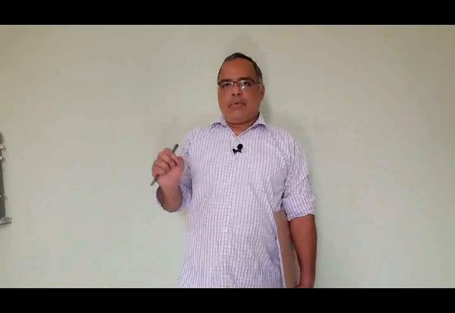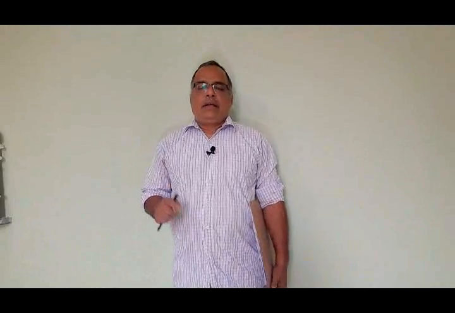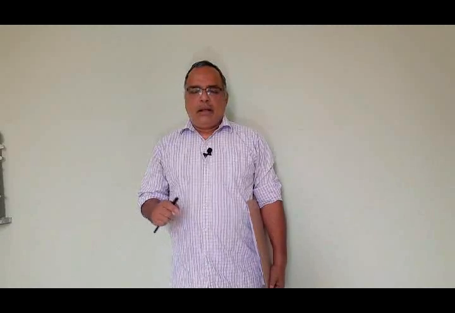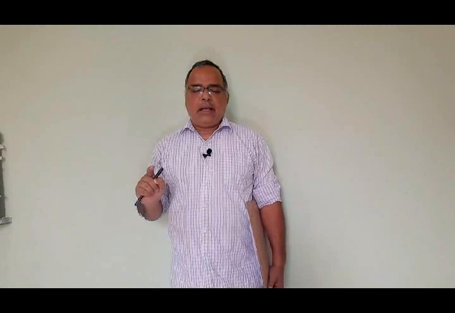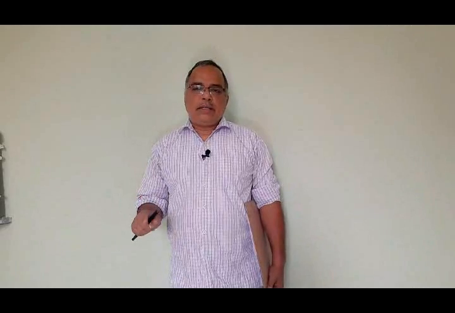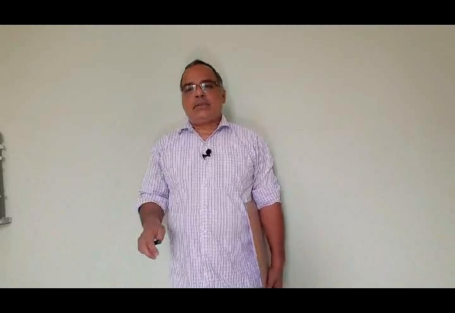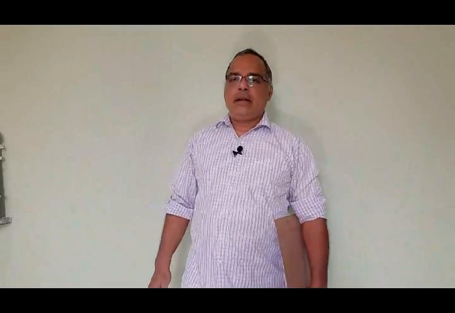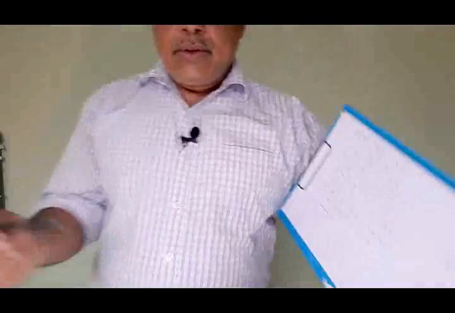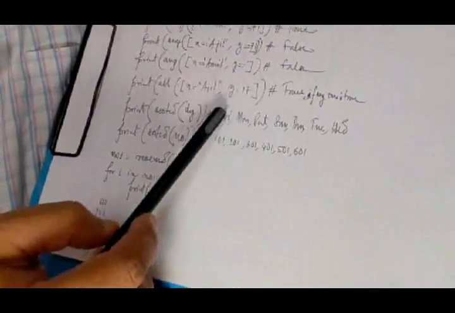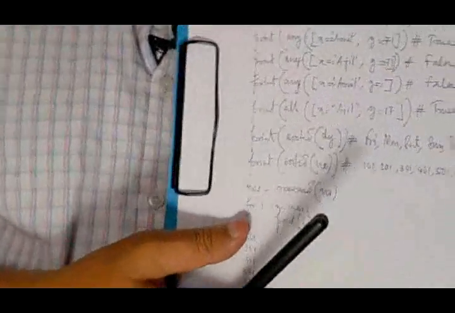So the small difference is what? In any, if one condition has no value, then it returns false. But here it is not like that. If any condition is true, then the return is true. So this is the only difference.